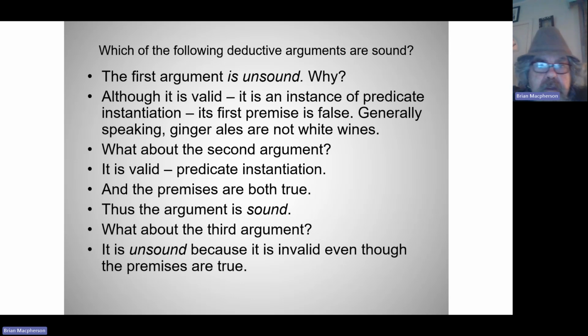We had a second argument that is sound because it's valid and all premises are true. And we had a third argument that is unsound because even though the premises are true, the argument is invalid. So that gives you an idea of assessing deductive arguments for soundness or unsoundness.